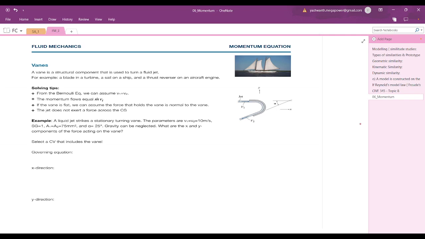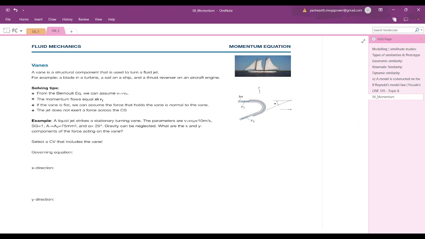And one more example, you see in this diagram, for a ship or boat we have a sail. That sail is also considered a vane, because the sail directs the wind. Yes, exactly. So see here, the definition of vane is given. A vane is a structural component that is used to turn a fluid jet.